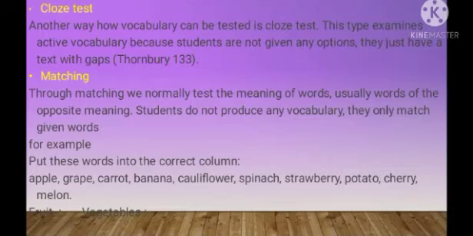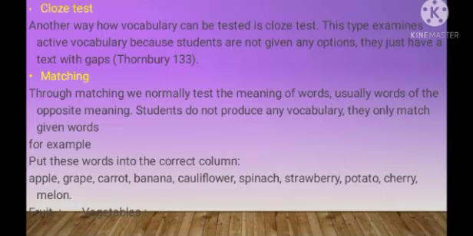Okay, the second is cloze test. Another way vocabulary can be tested is the cloze test. This type examines active vocabulary because students are not given any options. They just have a text with gaps. Okay, next, matching. Through matching, we normally test the meaning of words, usually words of the opposite meaning.